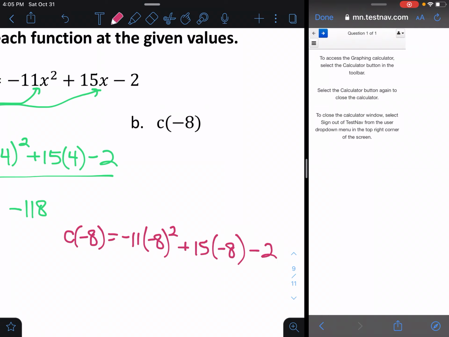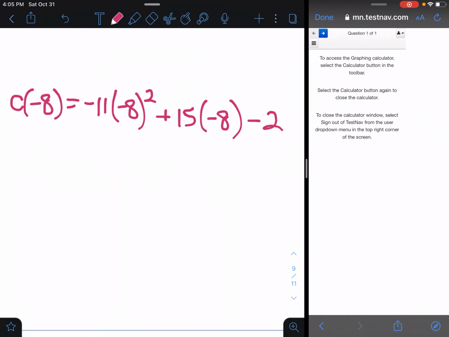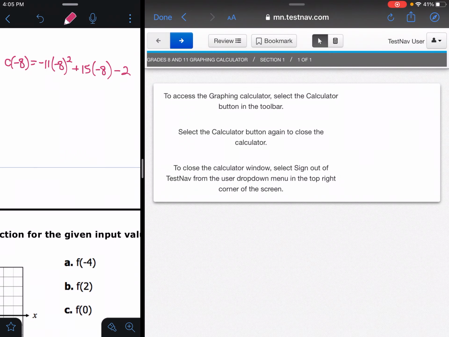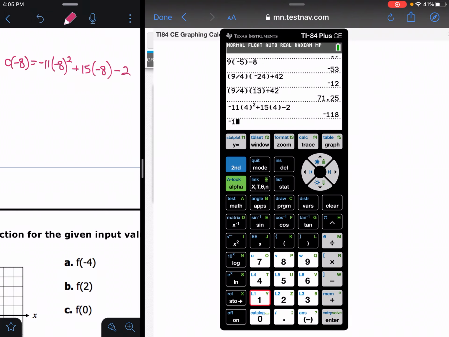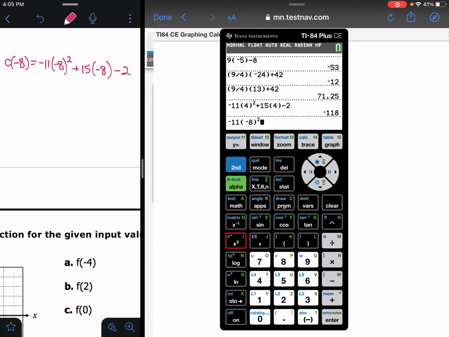Okay, so I need to figure out what this equals. Okay, here we go. I got negative 11 times negative 8 squared. Notice I hit the negative button for both of those.